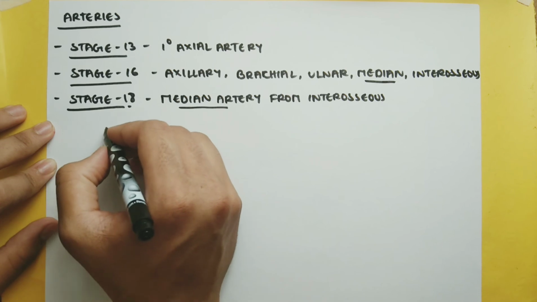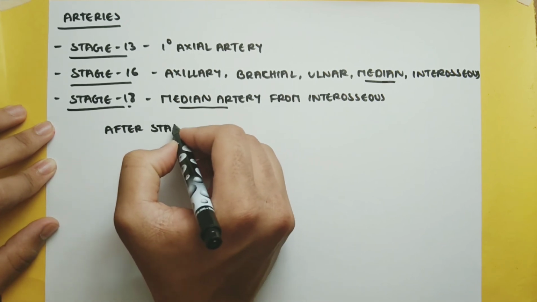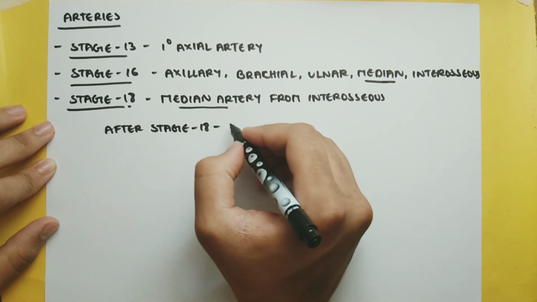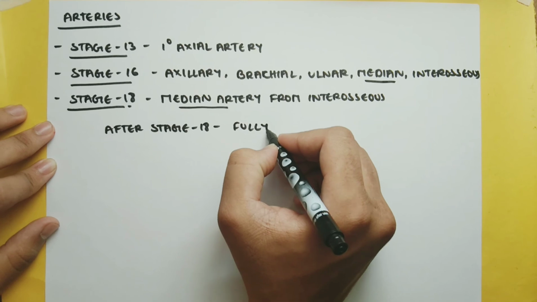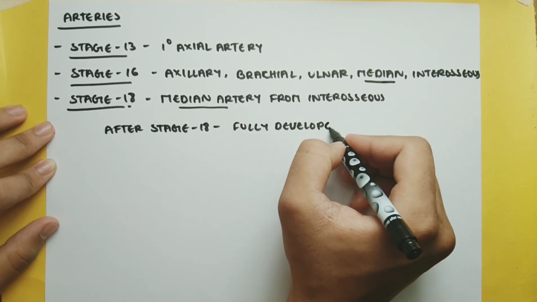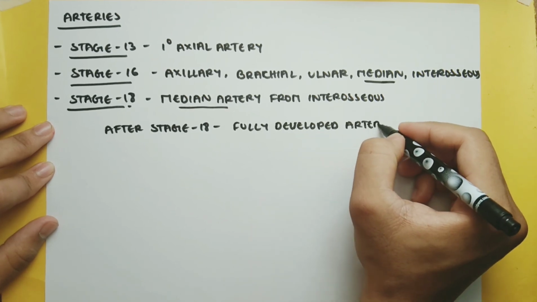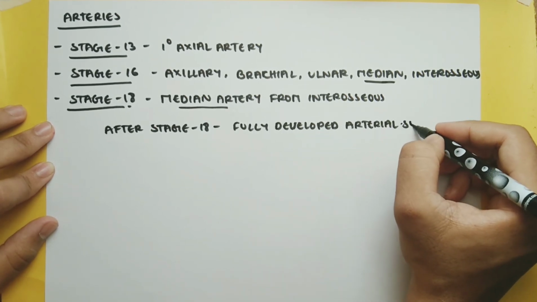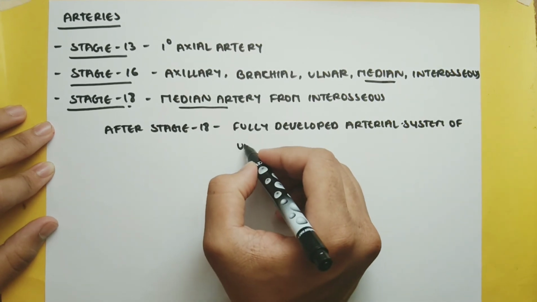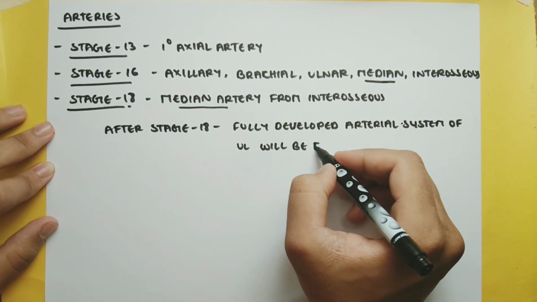After the stage 18, the fully developed arterial system of upper limb will be formed.